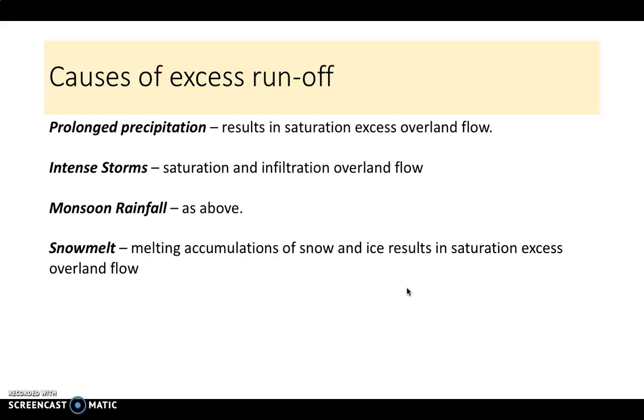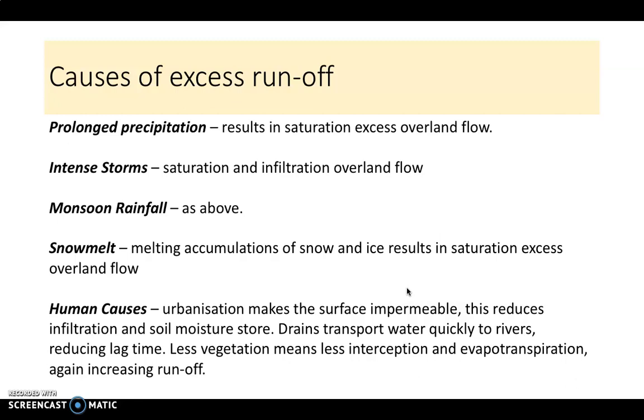So it could be the case that from December until March, you've had very cold conditions, you've had a lot of snow, it's accumulated over time and built up. And then as the temperature gets warmer, as you move into spring and into early summer, you will get huge amounts of melting of all that accumulated snow. And again, that can cause the ground to become saturated and you get excess overland flow.